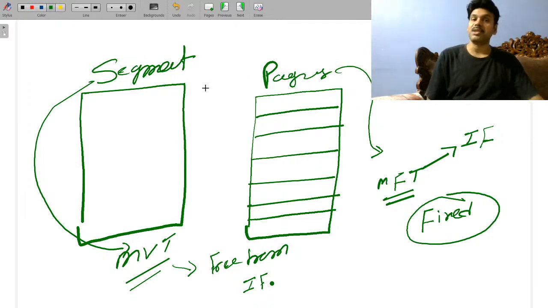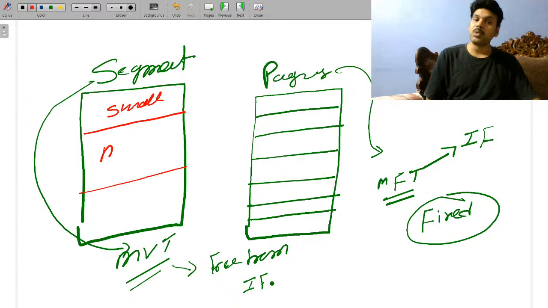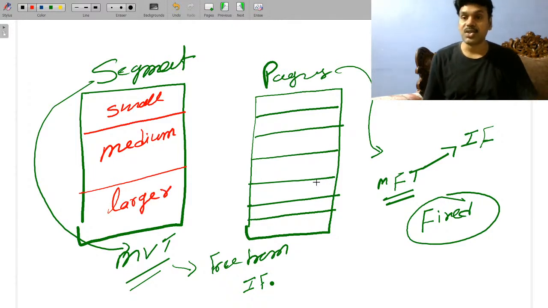Now, friends, a small segment requests some amount of memory. Then I will allocate as much as required according to the user's request. If somebody asks for a bigger memory, I go for medium level blocks. If I want a larger size, you can also accommodate larger size blocks.